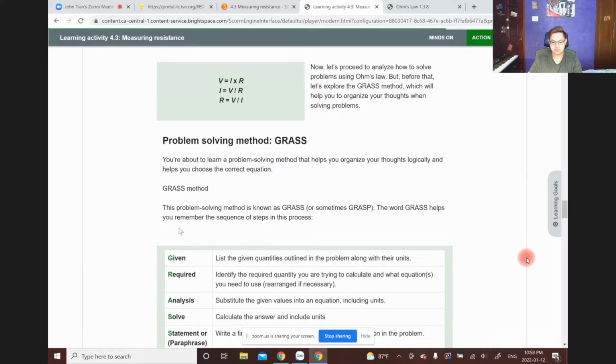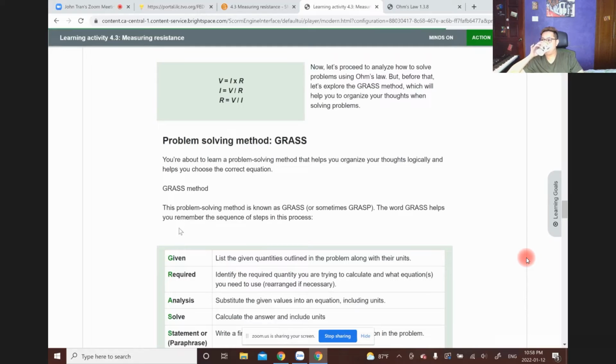Problem solving method: GRASP. You're about to learn a problem solving method that helps you organize your thoughts logically and helps you choose the correct equation. This problem solving method is known as GRASP.